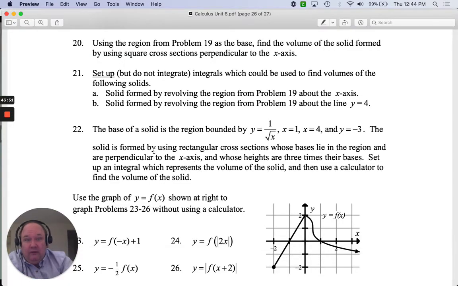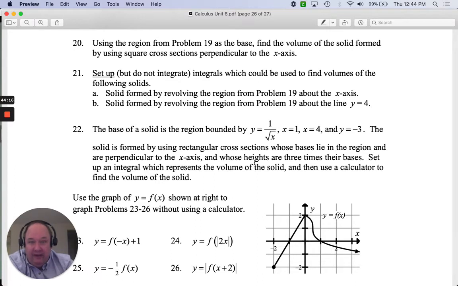So it says we're using rectangular cross sections, so we're finding the volume whose base is in that region and are perpendicular to the x-axis, so everything's in terms of x. So already I know I'm integrating from 1 to 4. No pi, it's not a circle, it's rectangles.